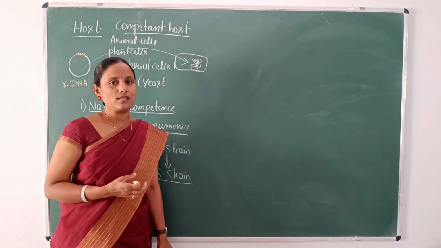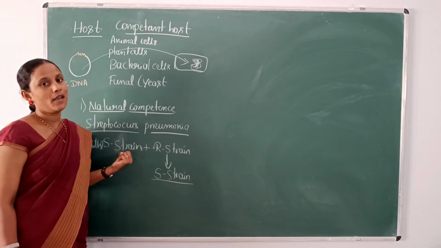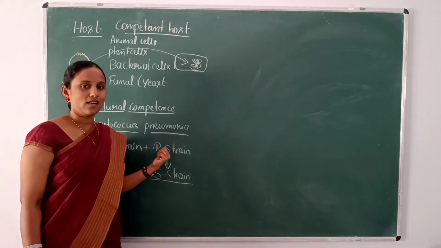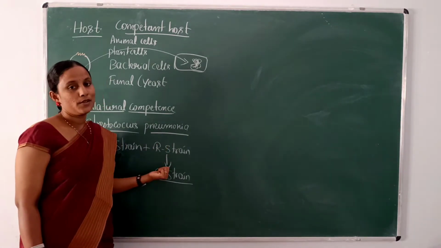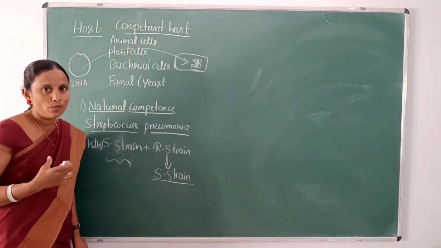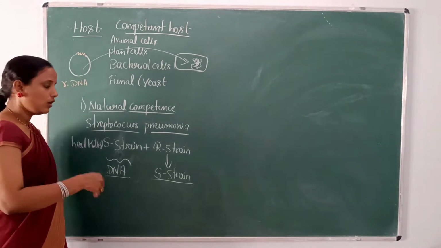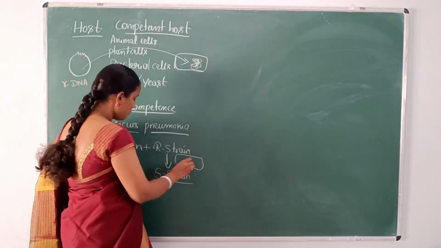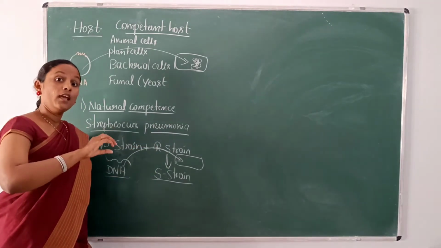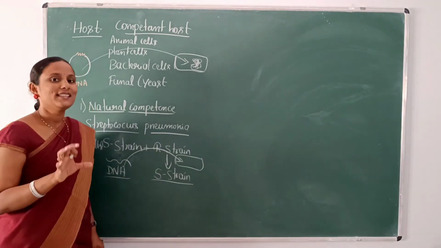And for that he gave a conclusion. Some of the materials present in heat-killed S strain upon heating were not inactivated. They have been like that and they have entered into R strain and converted the R strain into S strain. Which means there are some materials, and those materials we now know as DNA or the genes. These genes entered naturally into R strain and, not only entered, they integrated into the genome of R strain and converted that R strain into S strain.